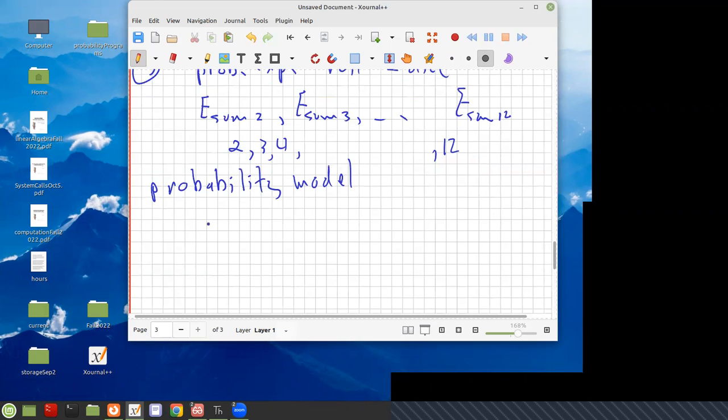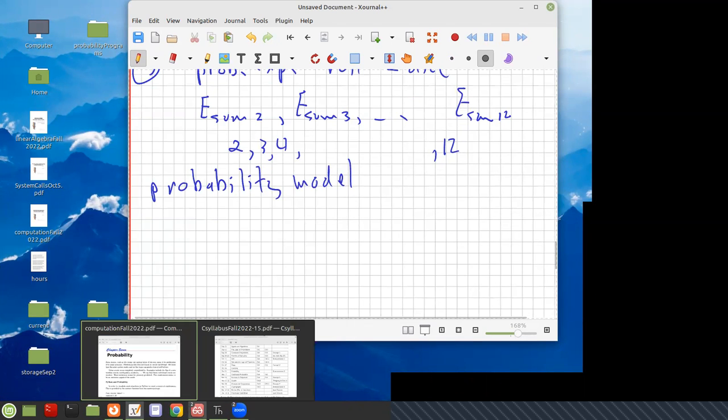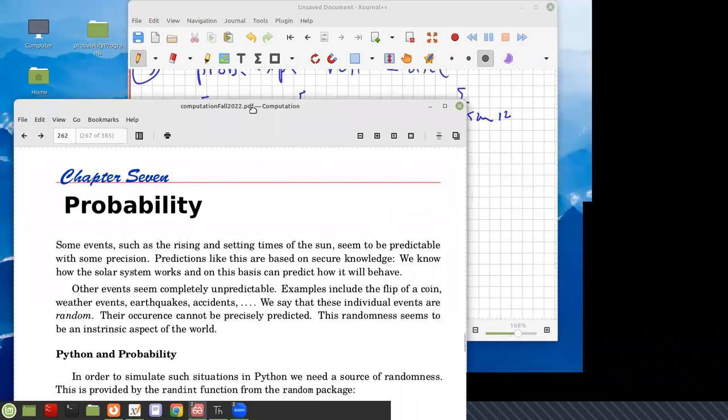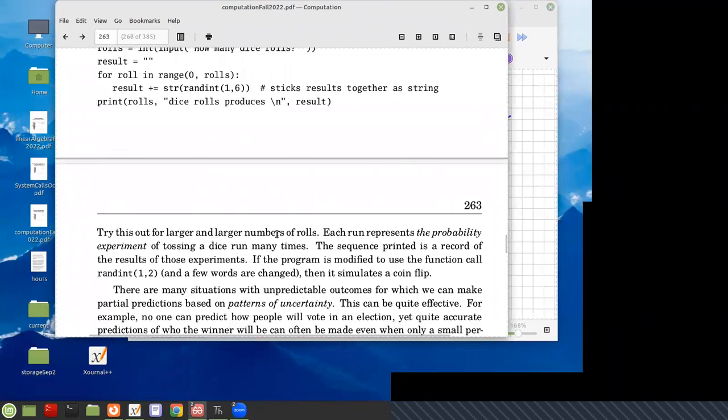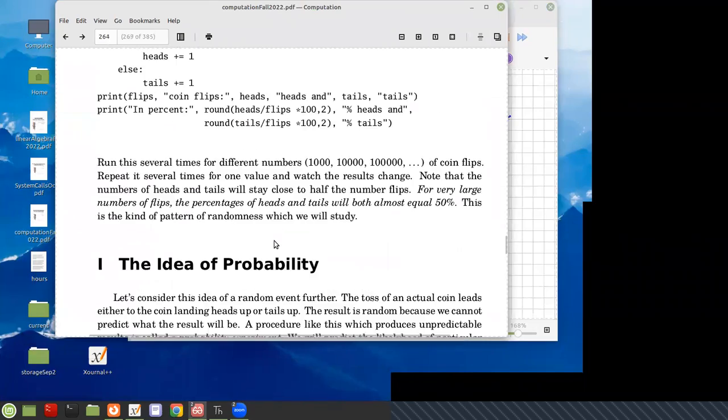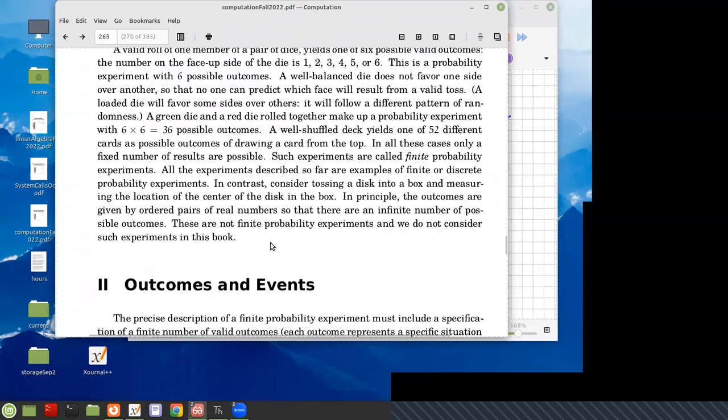So what is a probability model? Well, it is an assignment of a fraction to every event. Let's look at the text to get this right. So if we come through here, we have the idea of probability in chapter 8, which just deals with probability experiments.